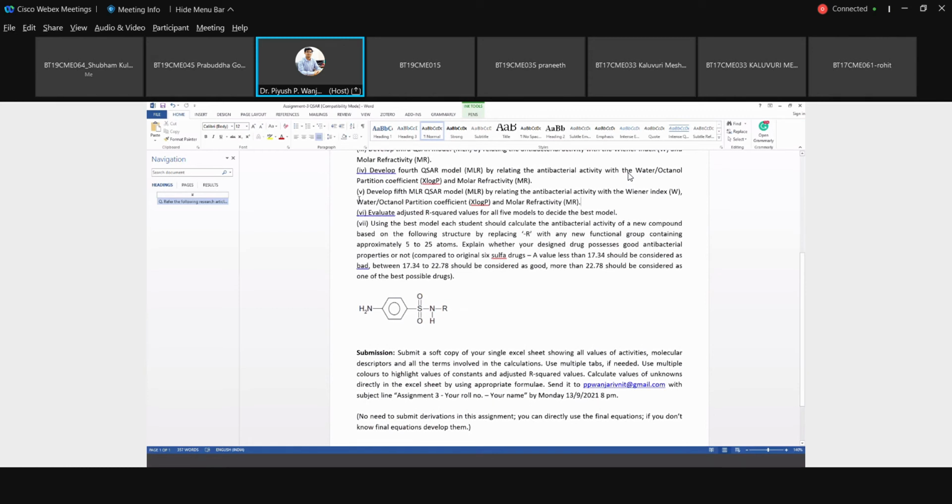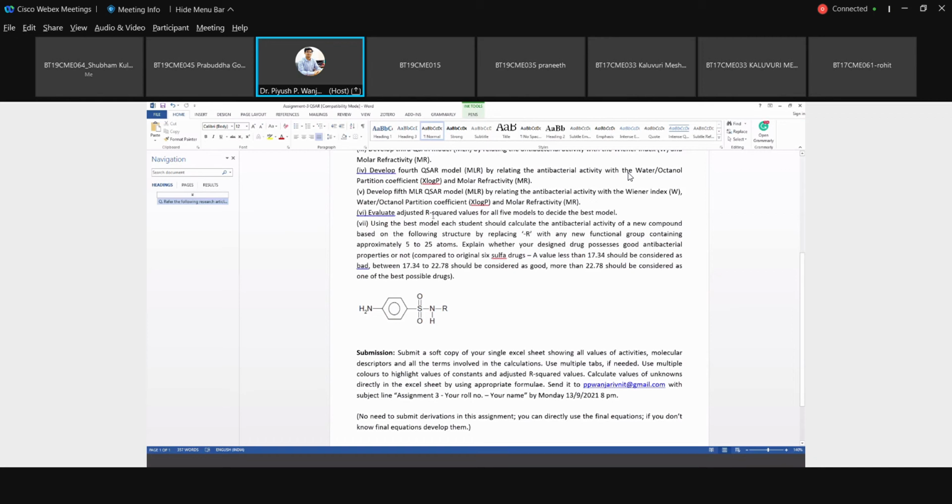Then if you develop all these five QSR models, you have to compare all of these models. For comparison, I could have directly asked you to compare the models without telling you that you need to evaluate the adjusted R square values. But I have specifically mentioned it so there is no confusion. In the exam, you should know that without calculating the adjusted R square values, you cannot compare.